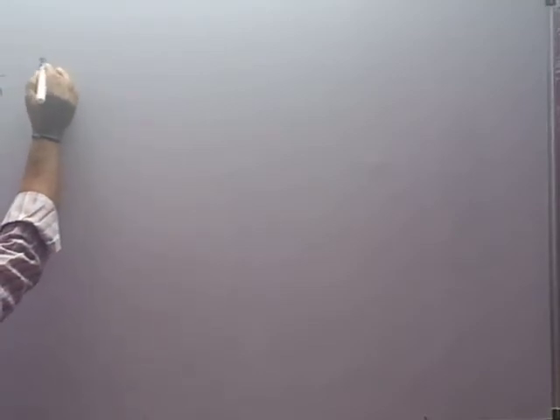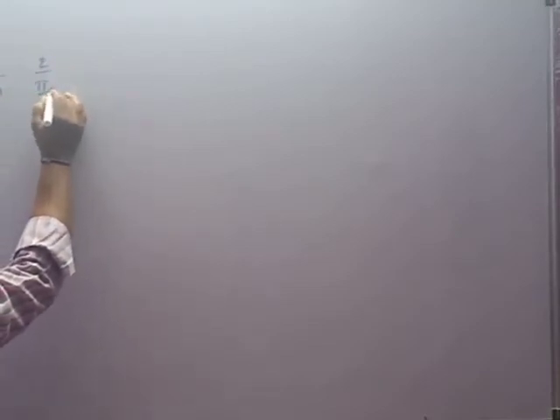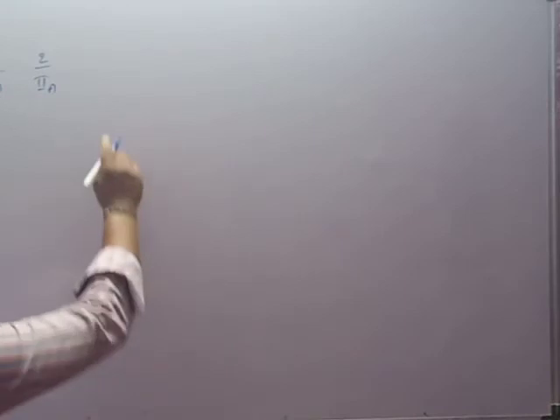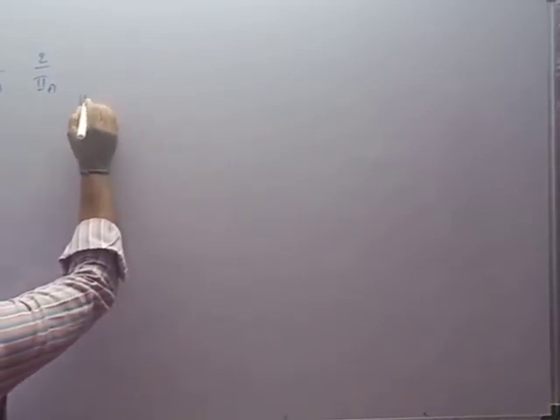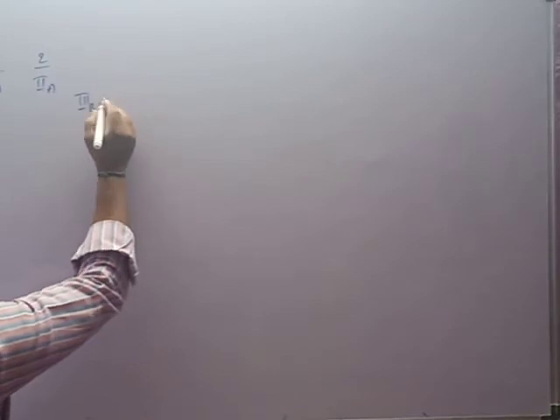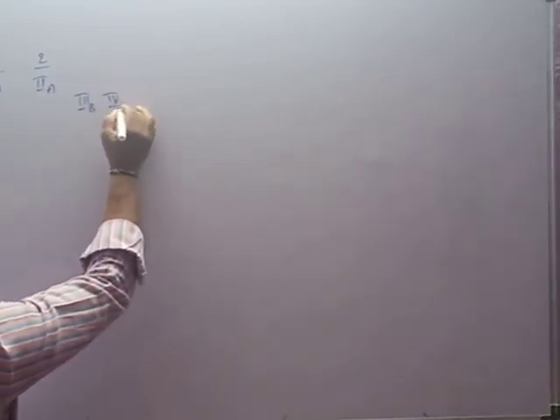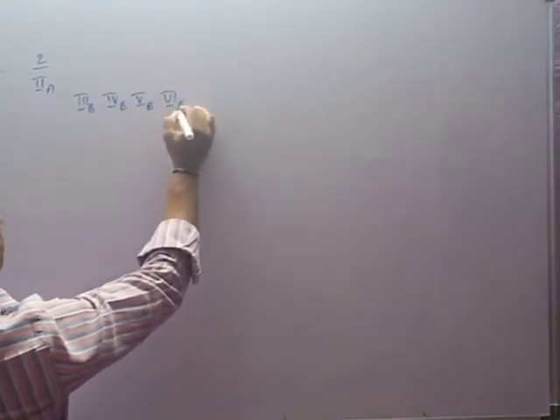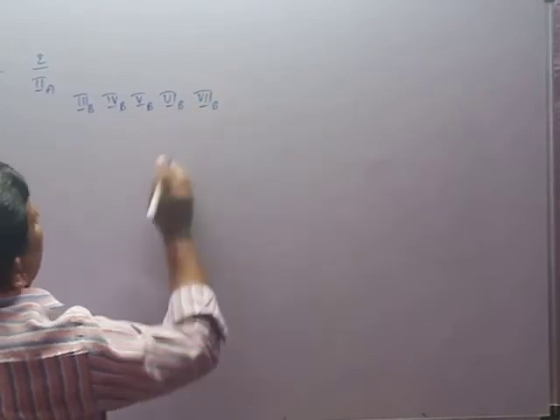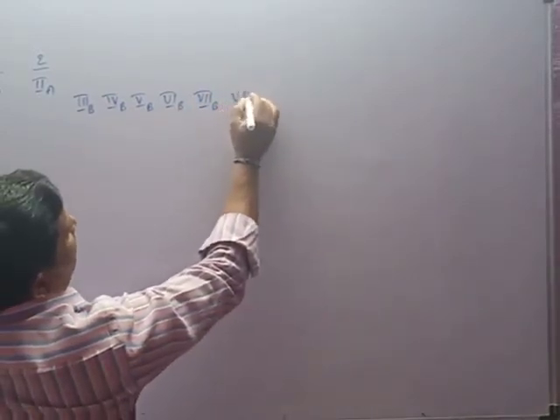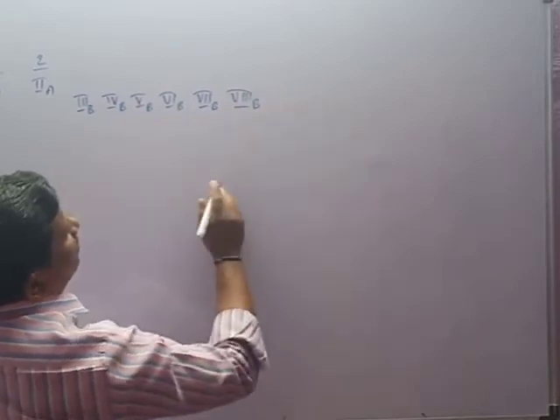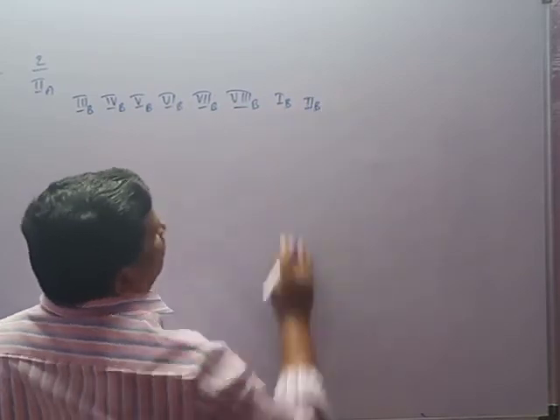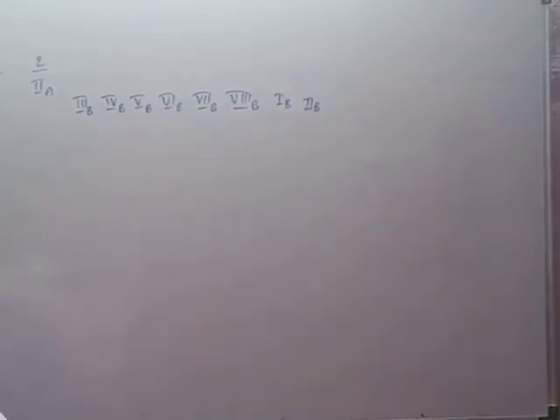Second group, it is the 2A group. Then third B group, fourth B group, fifth B group, sixth B group, seventh B group, eighth B group, and 1B group and 2B group.